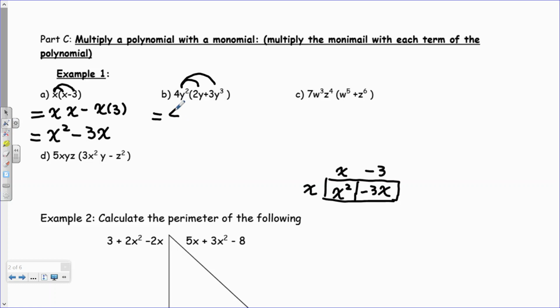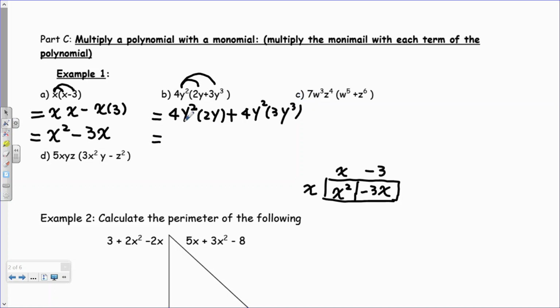So it will be 4y squared times 2y, then plus 4y squared times 3y cubed.